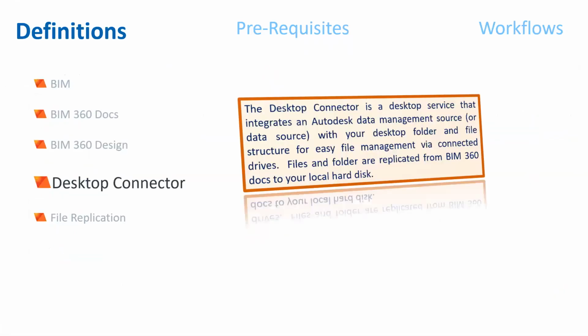Now, a word of caution: the desktop connector has been updated pretty much every month as far as I can remember in the last 6-8 months or so. If you start using BIM 360 Docs with the desktop connector, you should get a notification when a new version of the connector is made available.